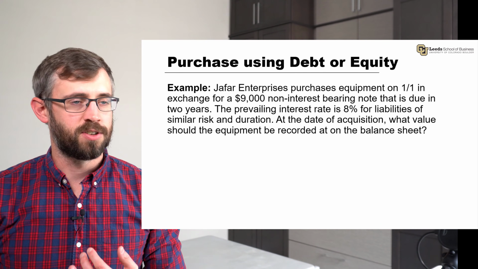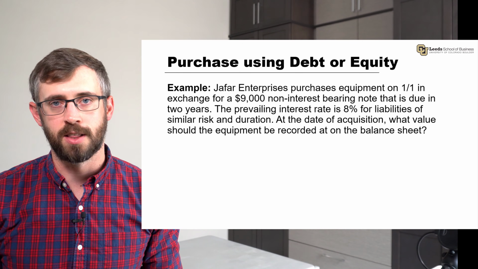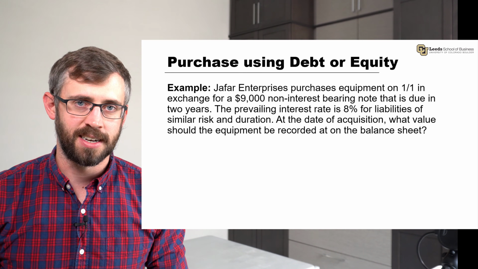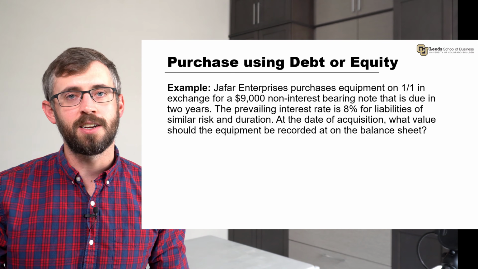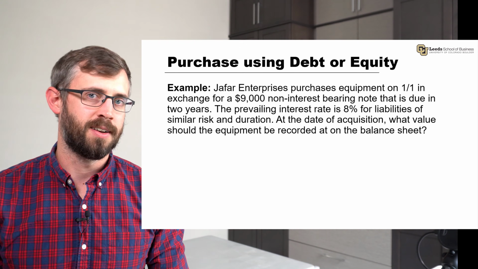And at the date of acquisition, what we want to know is what value should the equipment be recorded at on the balance sheet. And the idea here is that even though I'm going to pay $9,000 in cash, because I'm paying it 2 years from now, the value of the equipment is not really worth $9,000.